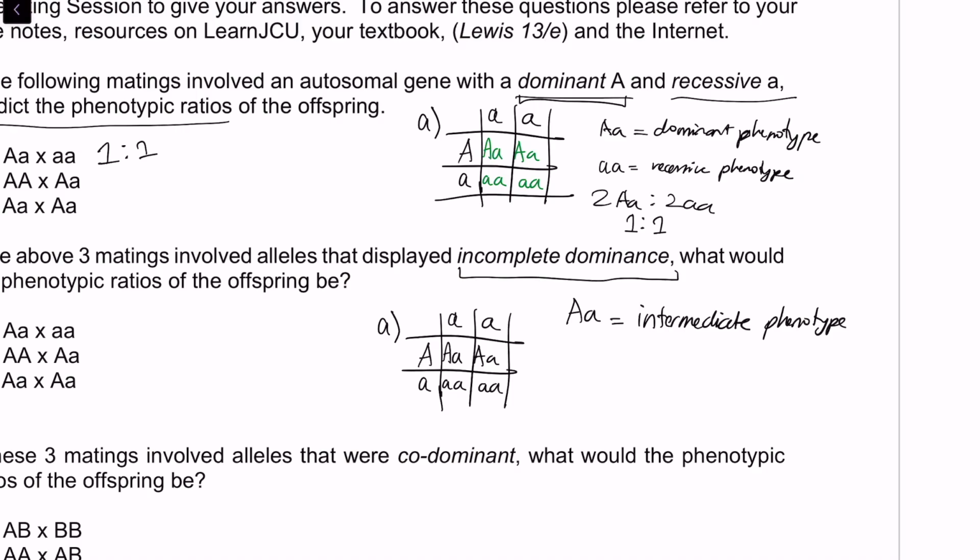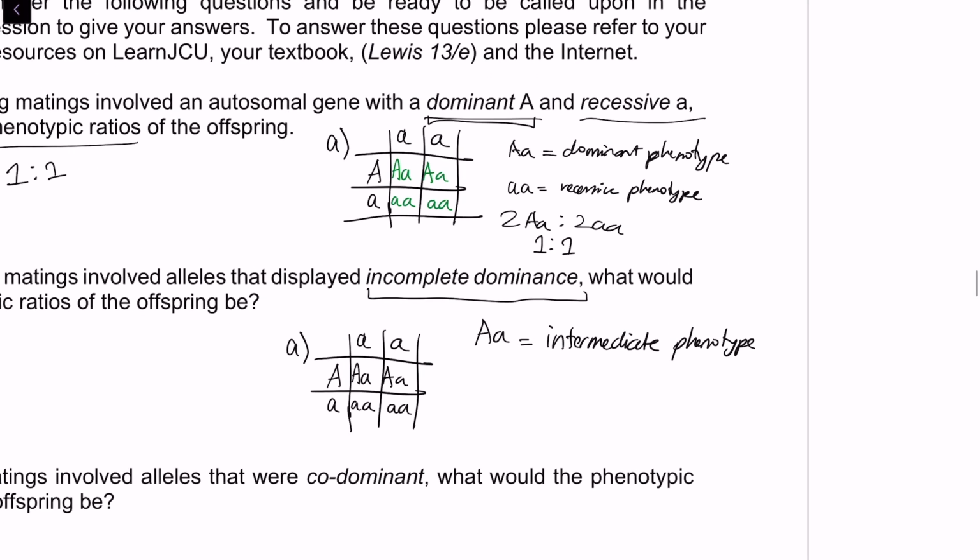Say we have capital A, the dominant homozygous, is red flowers per se, and then we have the recessive as the white flowers for homozygous.